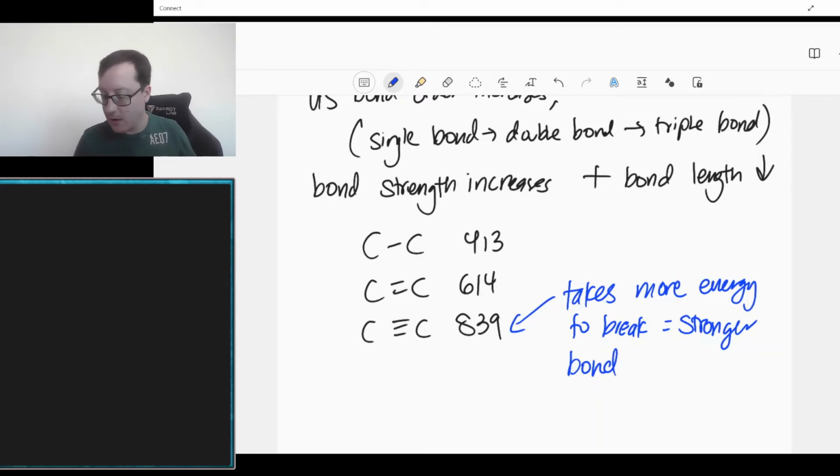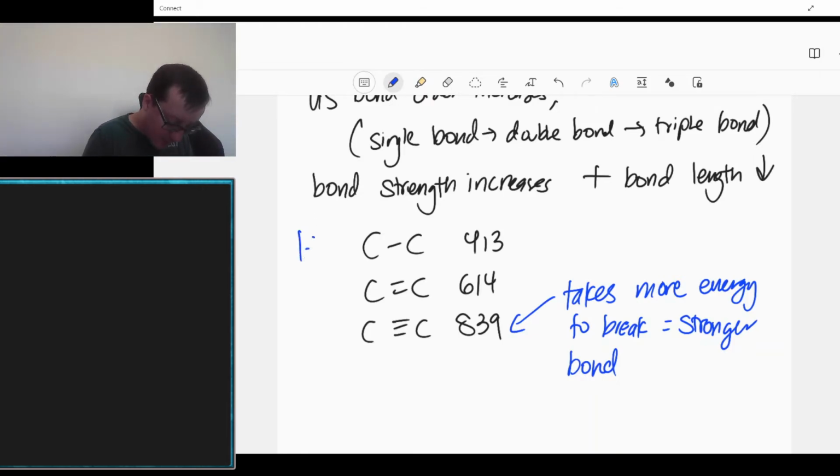So stronger bond there. If we look at the actual bond length, the bond length for here is 1.54 angstroms, 1.34 angstroms, and then triple bond 1.2 angstroms.